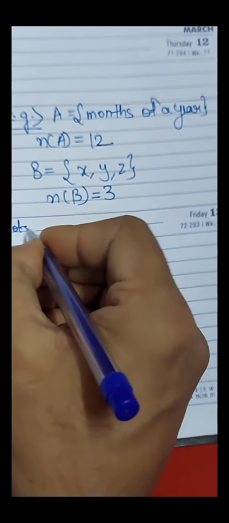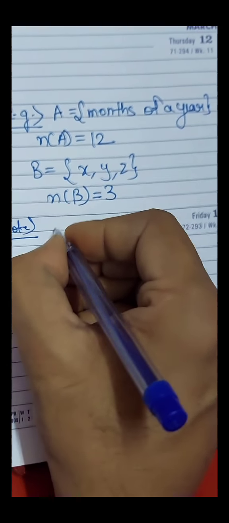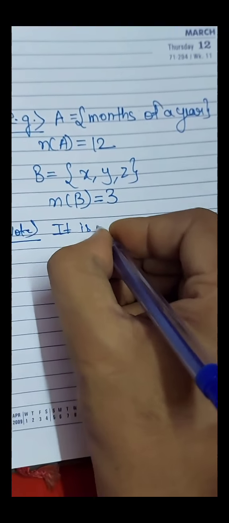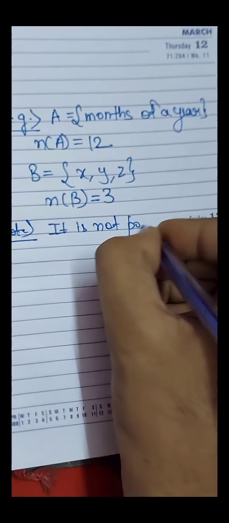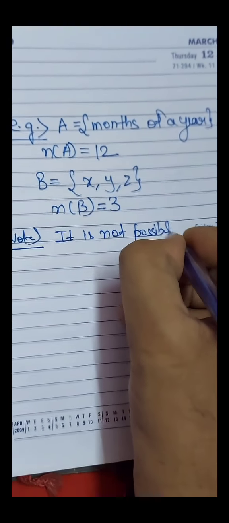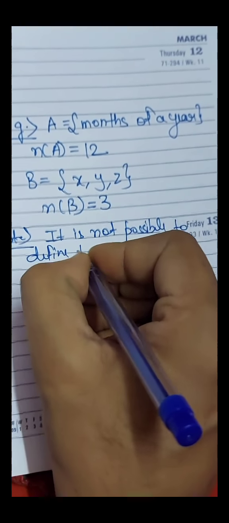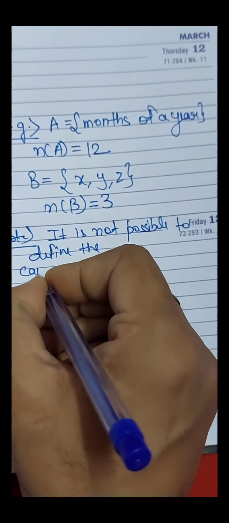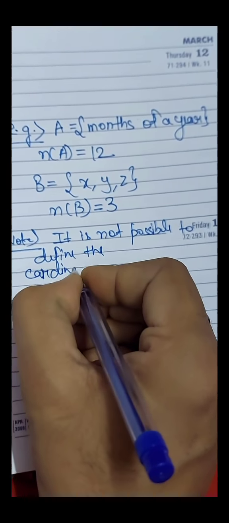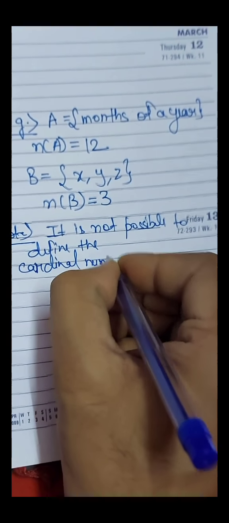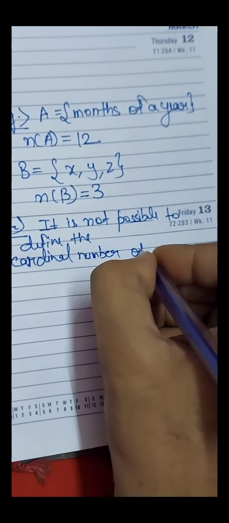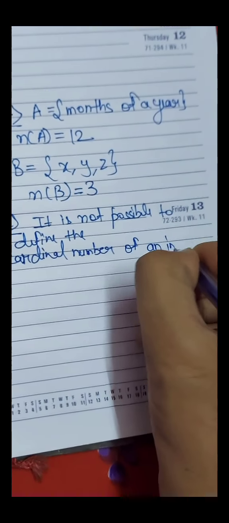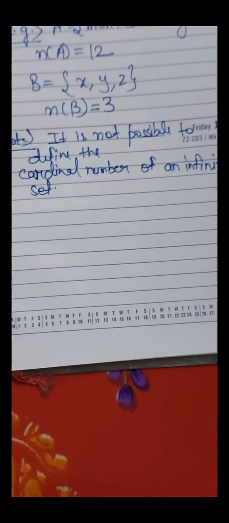Note that it is not possible to define the cardinal number of an infinite set, because an infinite set contains an infinite number of elements.